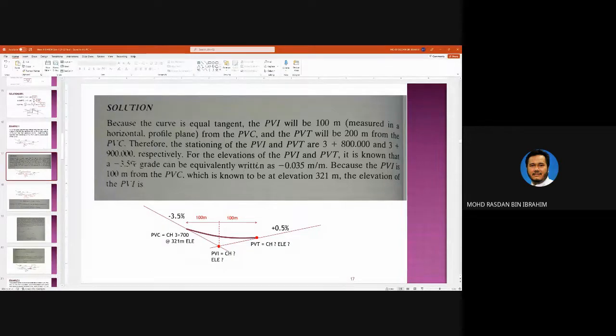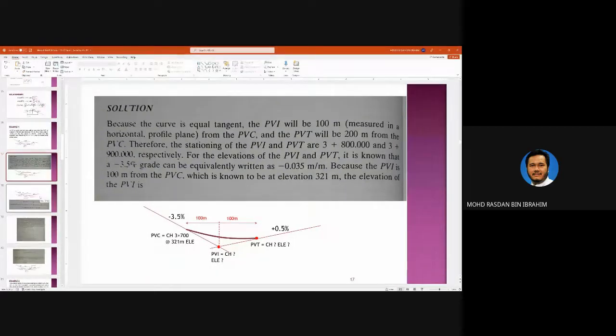For the elevations of PVI and PVT, it is known that a negative 3.5 grade can be written as negative 0.035 meter per meter. Because PVI is 100 meters away, we know the elevation here. So now we are going down. Okay.